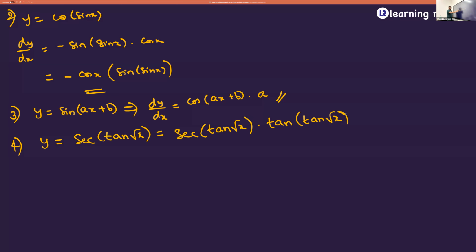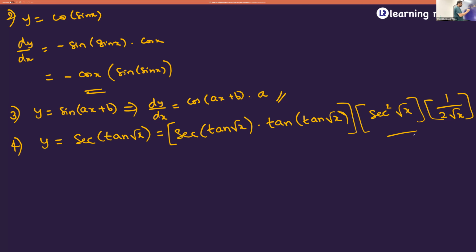What about the second one? Derivative of tan is secant square of root x into the derivative of root x, which is 1 by 2 root of x. So this is going to be the answer.